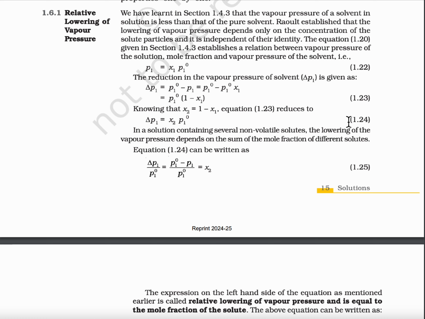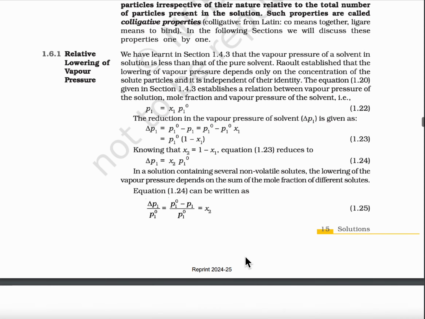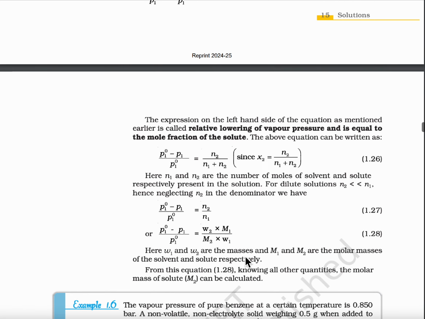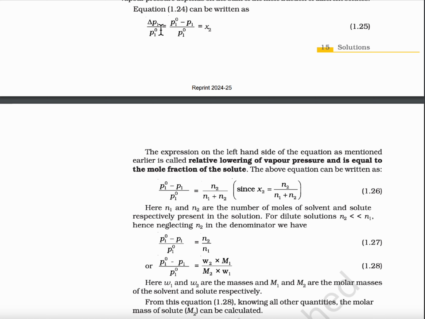Equation 1.2.4, this equation can be written as delta P1 by P1 naught is equal to P1 naught minus P1 by P1 naught, which gives you chi2. Okay, now the expression on the left hand side of the equation, as mentioned earlier, is called relative lowering of vapor pressure, which is one of the colligative properties, right?